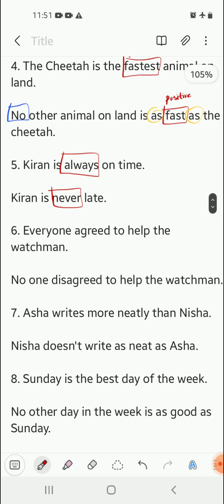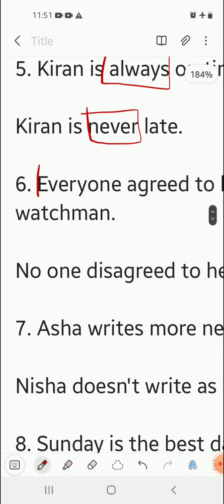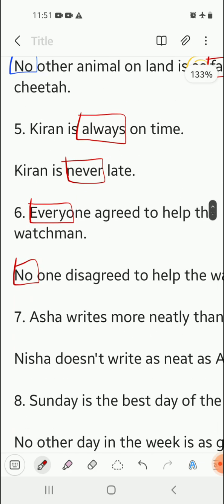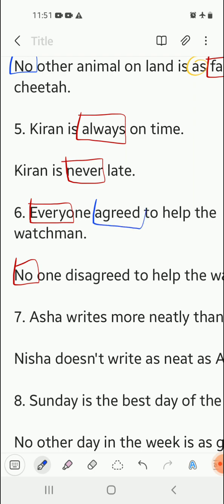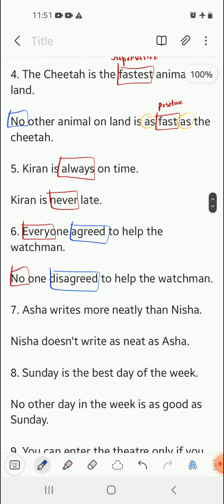Next, everyone agreed to help the watchman. So over here, every will change to no. So the sentence becomes negative. And also, we are going to use the opposite of the word agreed, that is disagreed, to help the watchman.